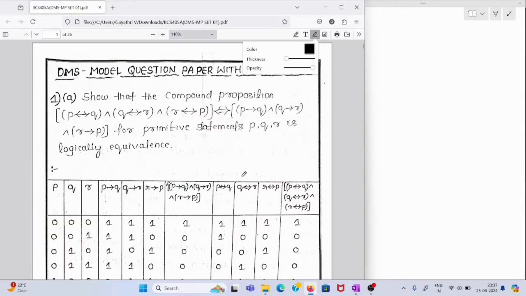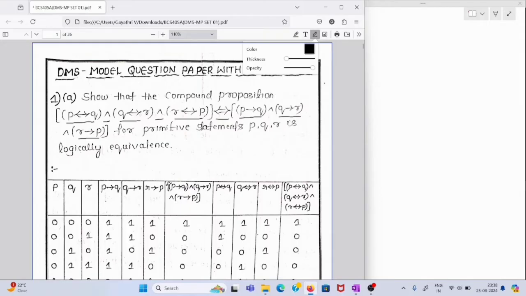Show that the compound proposition (P biconditional Q) conjunction (Q biconditional R) conjunction (R biconditional P) is logically equivalent to (P conditional Q) conjunction (Q conditional R) conjunction (R conditional P), for primitive statements P, Q, R.